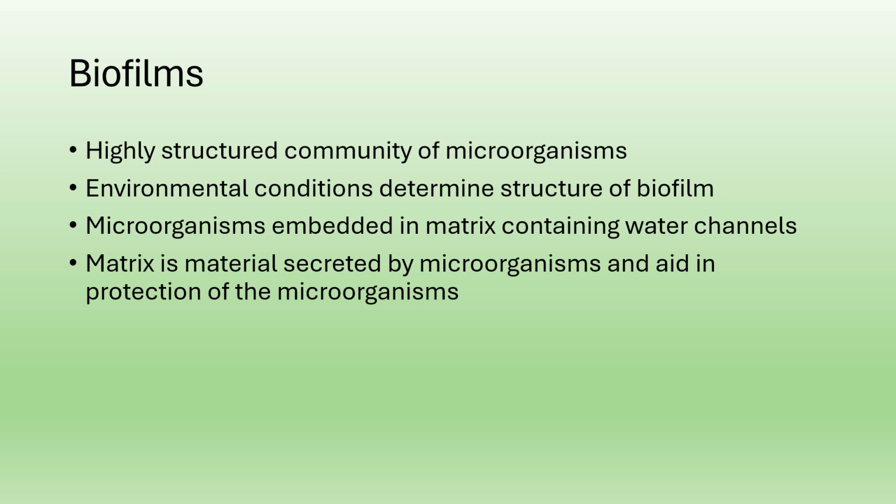It's nice and warm, and you're providing nutrients, and I think I'm just going to settle here. Once one is there, it becomes established, and then more will come and grow. Other species may come and grow, and they secrete this extracellular matrix that helps them to stick. Other microorganisms are going to come and get embedded in that. They actually have little water channels forming through there.